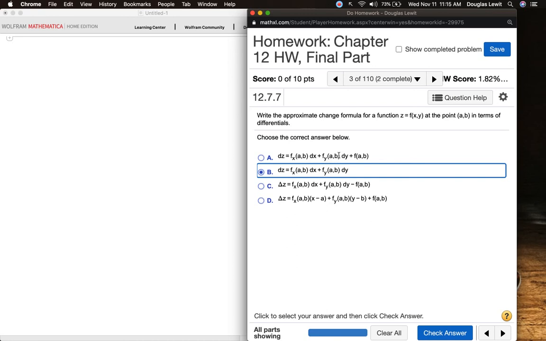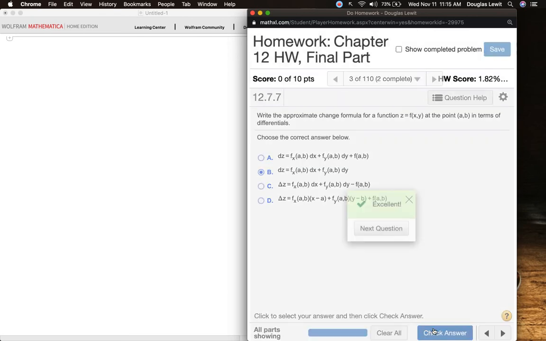They're not asking for the value of z. They're only asking for the change in z. dz is not the new z value. It's the change in the z values, actually. So it should be option B.